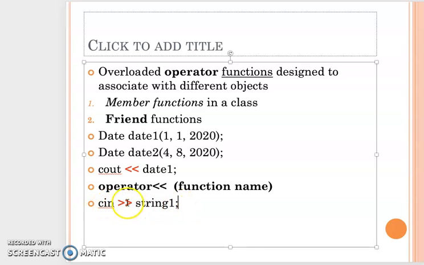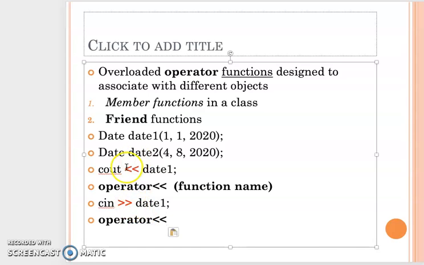This one, when we do the string, you understand how to do that. But on the other hand, the same thing: if we get the correct format from the user, can you find a way to add from the user input into your date object? If the user gives you the correct format, right? So that's right here. Then we have the other operator function we call the extraction function.